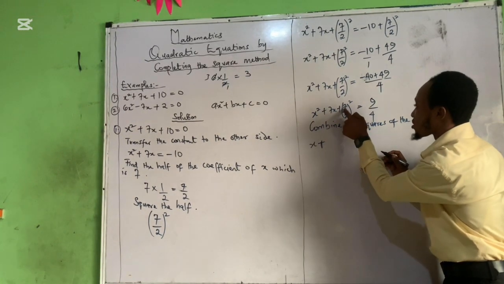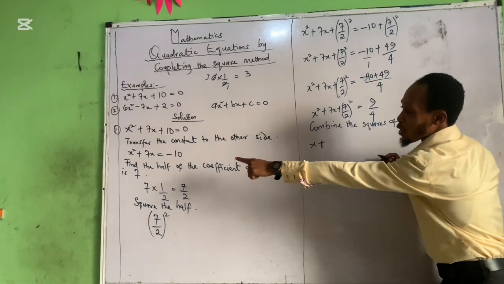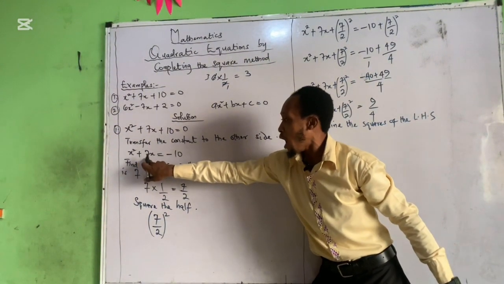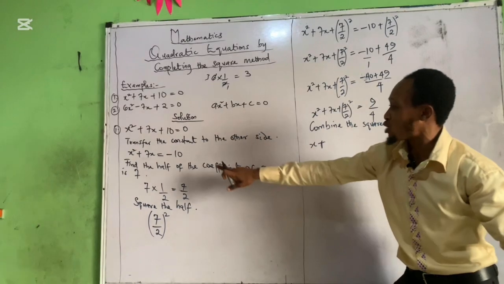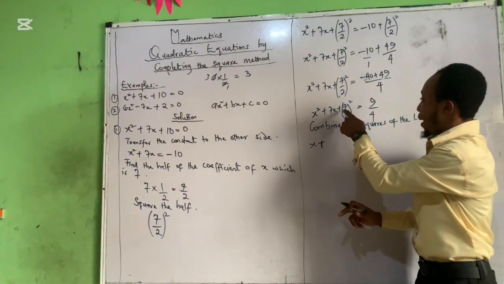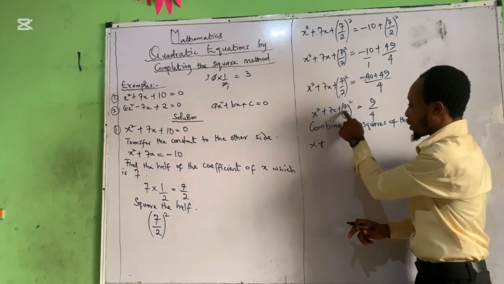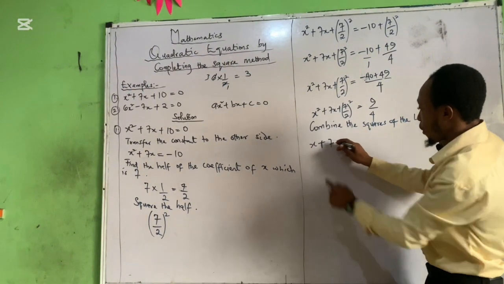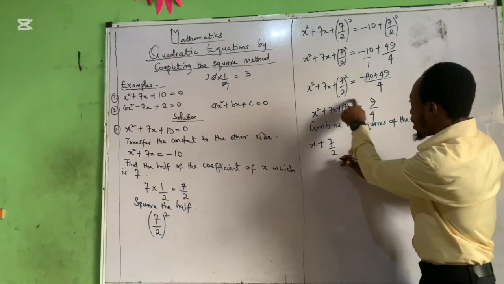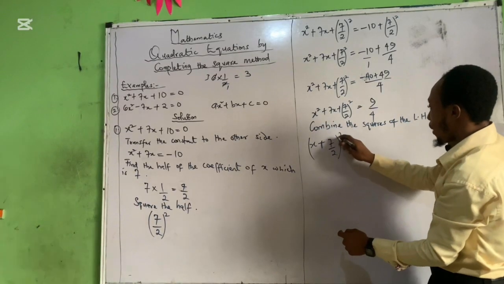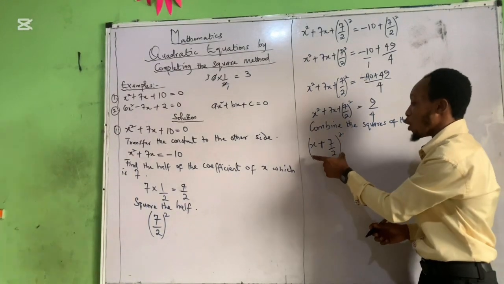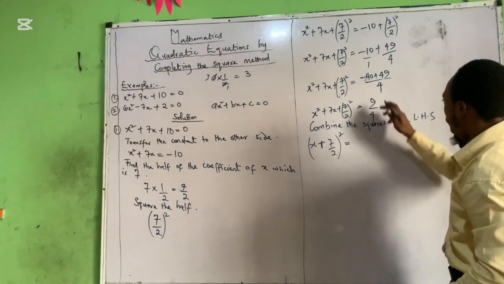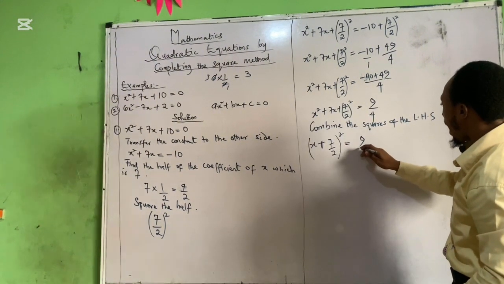Assuming it is minus that we have here when we're looking for the half, remember we picked it from the coefficient of x, it will be minus that will be here, and so you are going to pick the minus and put it here. But since it is plus, we have 7, that will be plus 7 over 2. Then all squared, that's what we mean by combining the squares. If you expand this, you get this, although this is not in this lesson anyways. So we have 9 over 4.